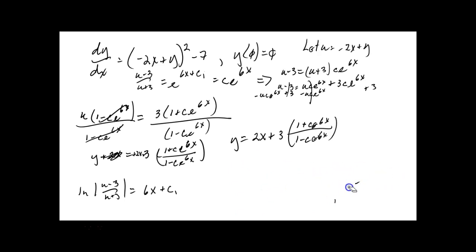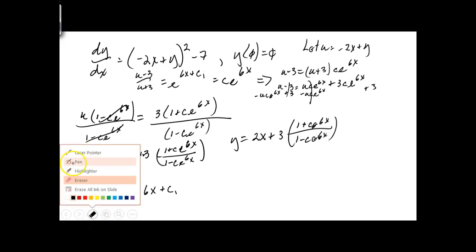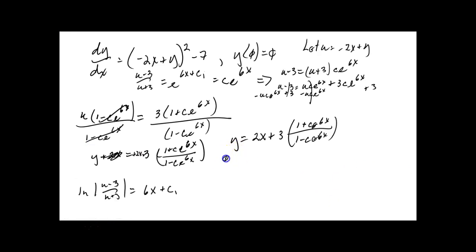So when x equals 0, y is equal to 0. So let's see what this tells us. 0 is equal to 0 plus 3 times 1 plus c to the 0th power, which is e to the 0th power, which is 1, over 1 minus c times 1. Okay?